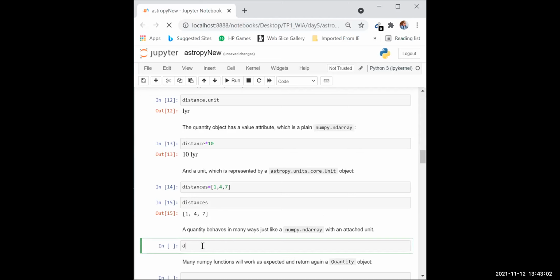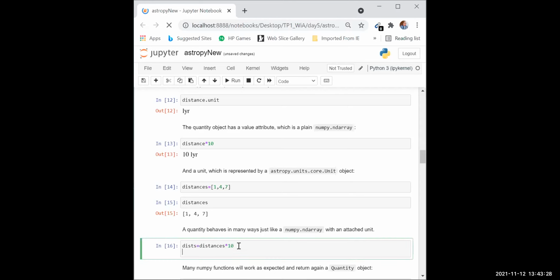And suppose I define something called dists, and I say it is, sorry, I take distances and I multiply it by, say, 10, and I print what this dist is.